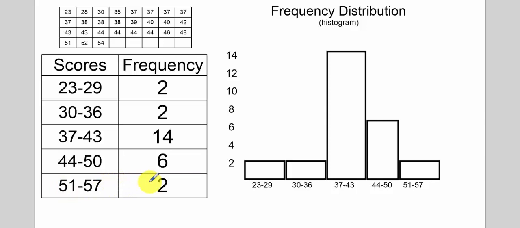Now, a frequency distribution, or also many times called a histogram, is what we have over to the right here. In this, you have your classes listed below, and then you have interval values moving up on the vertical axis. Now, the difference between a histogram and a bar graph is that bar graphs typically have separate bars and may reference different subjects.